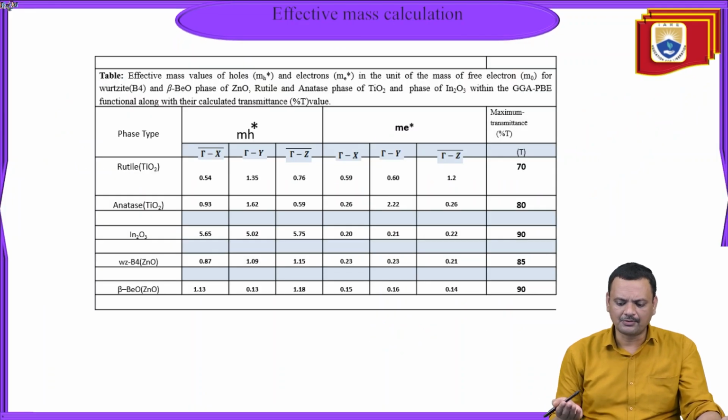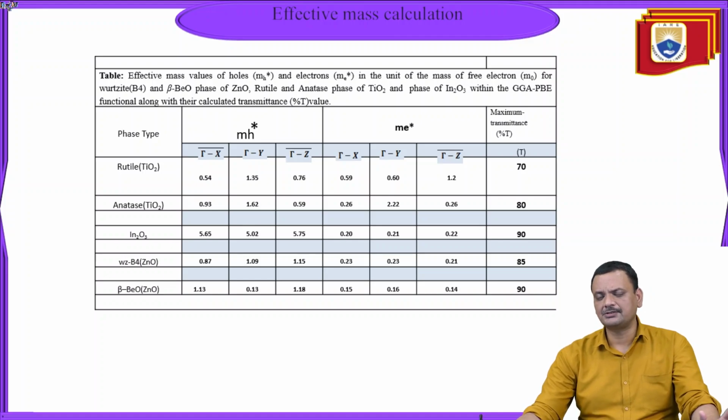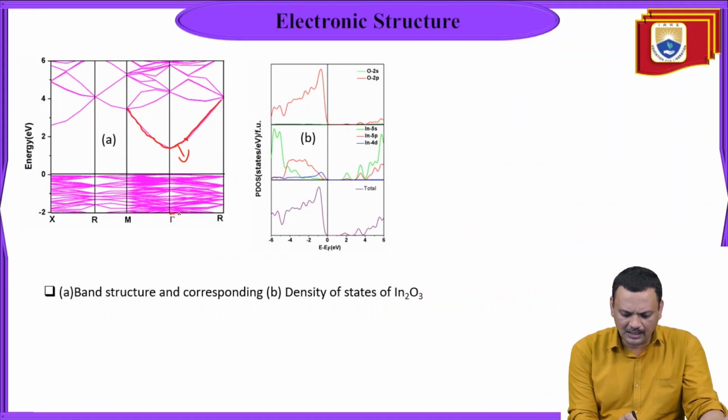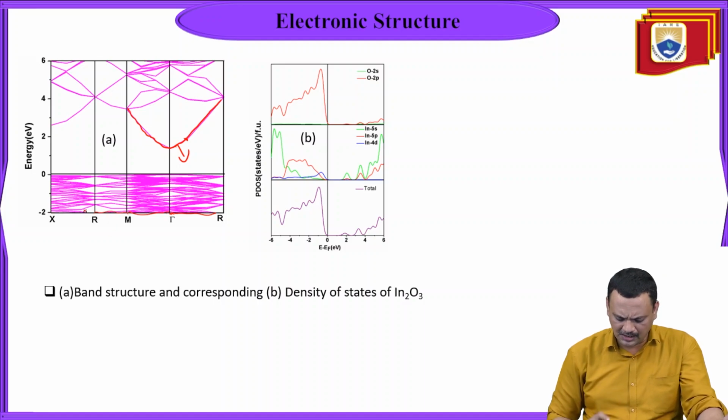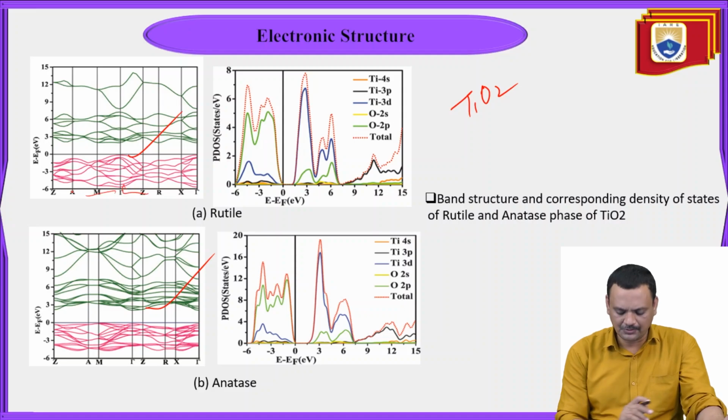So what I have found, see here, the calculated effective masses of charge carriers. Charge carriers means holes as well as electrons in different directions, like Gamma to Z direction, Gamma to M direction.